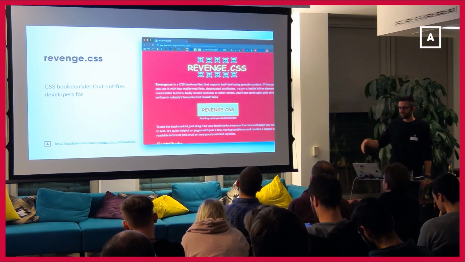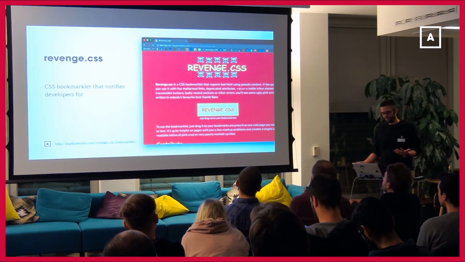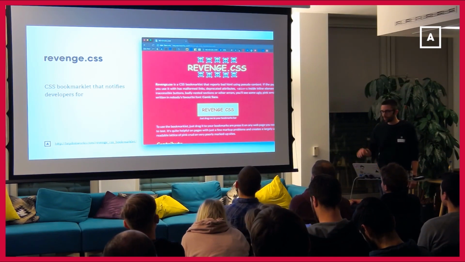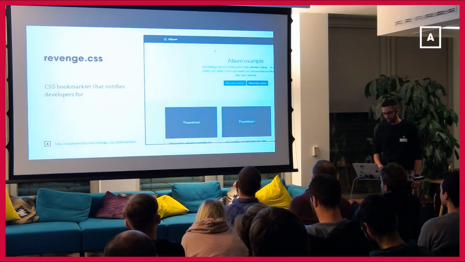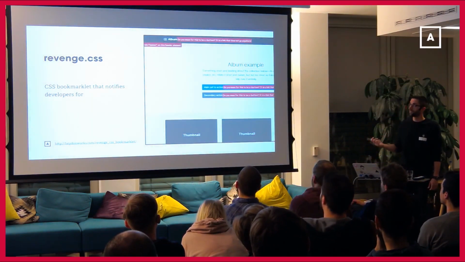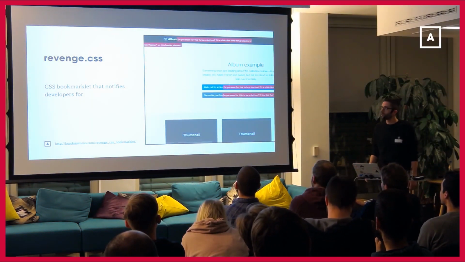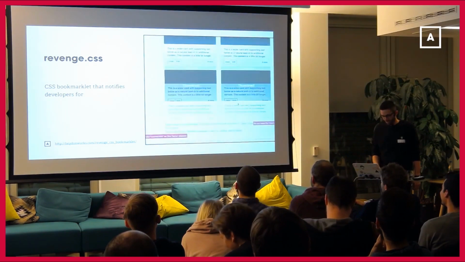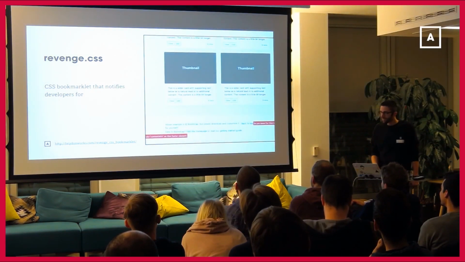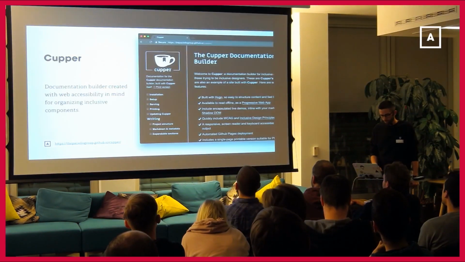But Revenge CSS is really in the category of if you want to prank your teammates a little bit, because it's using Comic Sans to highlight the problems, and it's really this bold red color. So it really can detect the issues on the page.